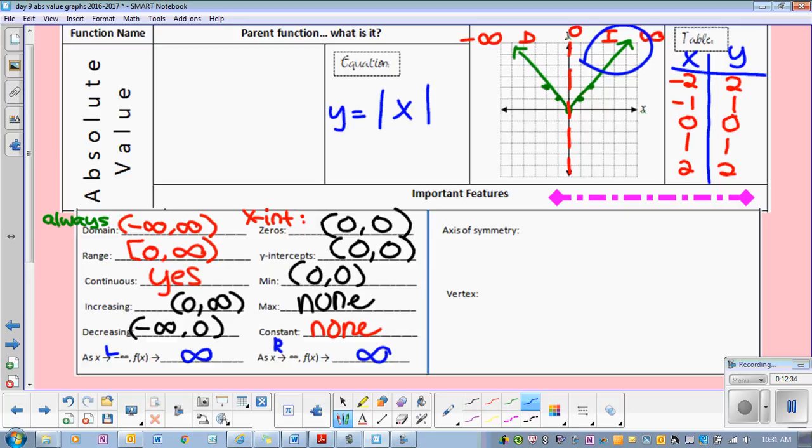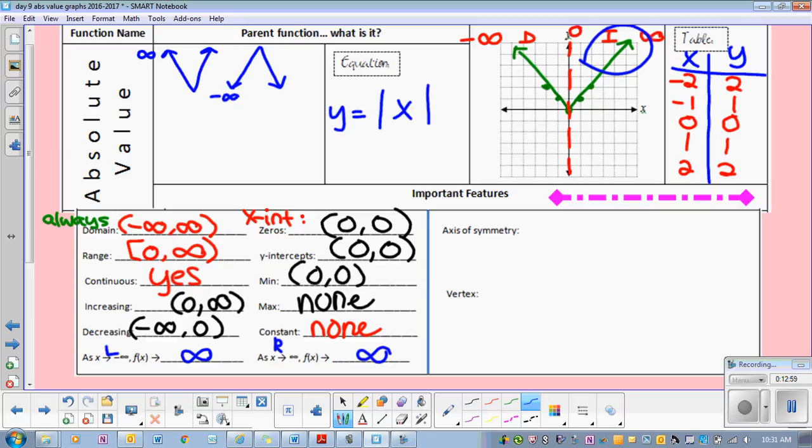Guys, if absolute value looks like a sharp V, if one arm is going up, what is the other one doing? It's also going up. If it was flipped and one arm is going down, what is the other one doing? It's going down. Shouldn't they always be doing the same thing?